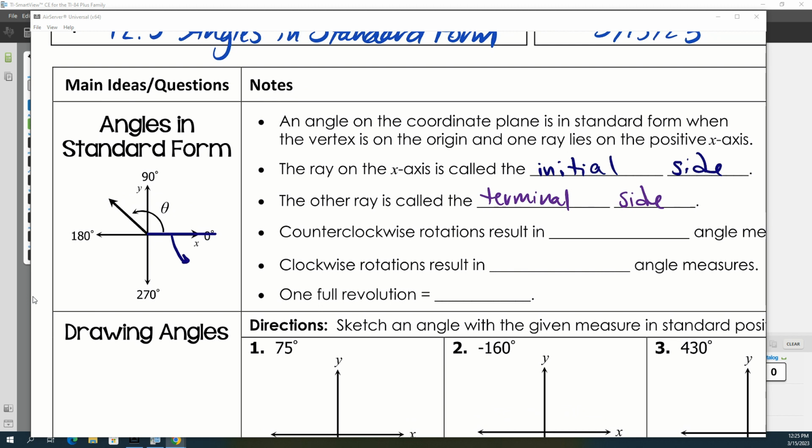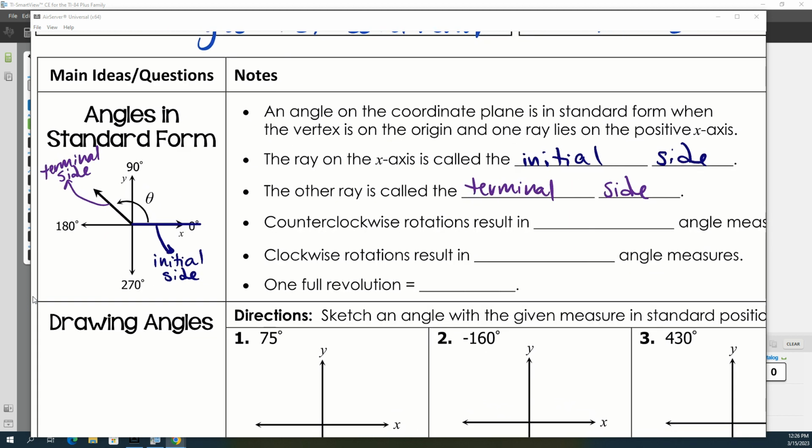So this one would be the initial, and then this one would be the terminal side. The example that's drawn there is a counterclockwise rotation, and so the one I was showing you is a counterclockwise rotation.